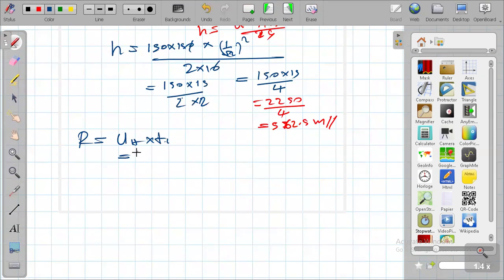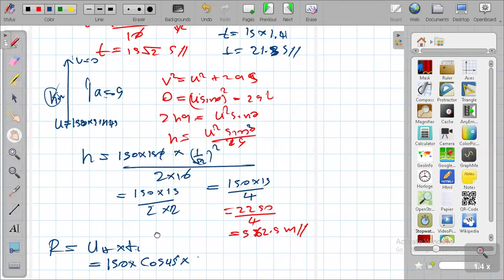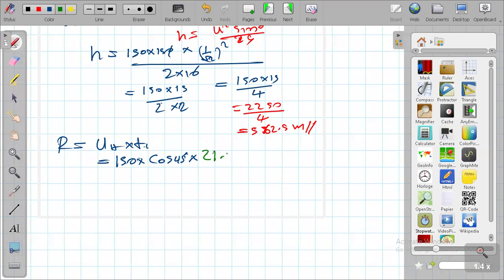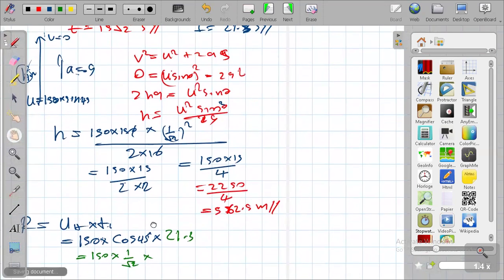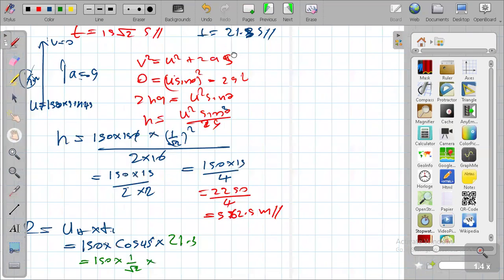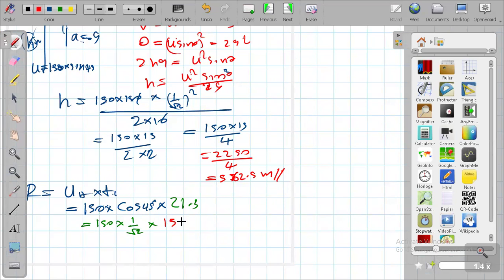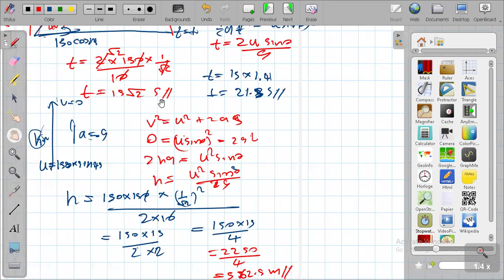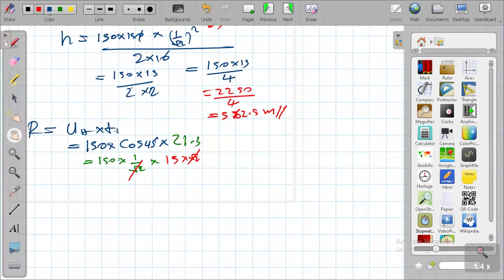The horizontal velocity is 150 cos 45, multiplied by the total time, 15 root 2, which is about 21.3. I will keep the root 2 as it is. Don't be lazy about cancelling; when doing physics you must remember that we got this answer because of 15 root 2, so root 2 times root 2 cancels. 15 times 15 is 225, so the range is 2,250 meters, a very long distance.